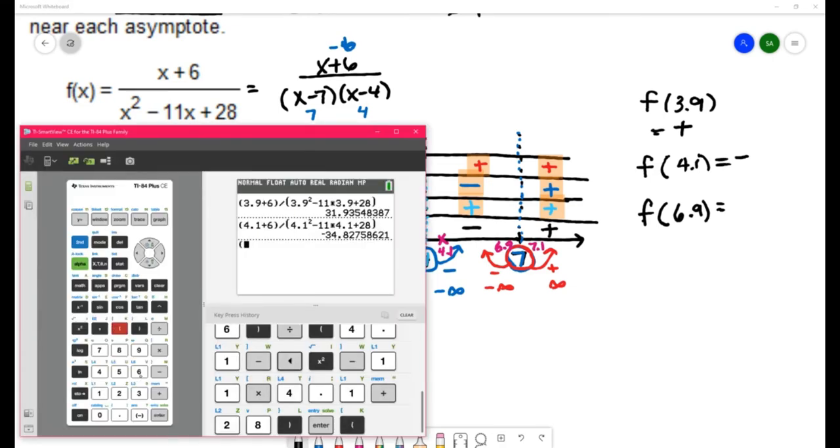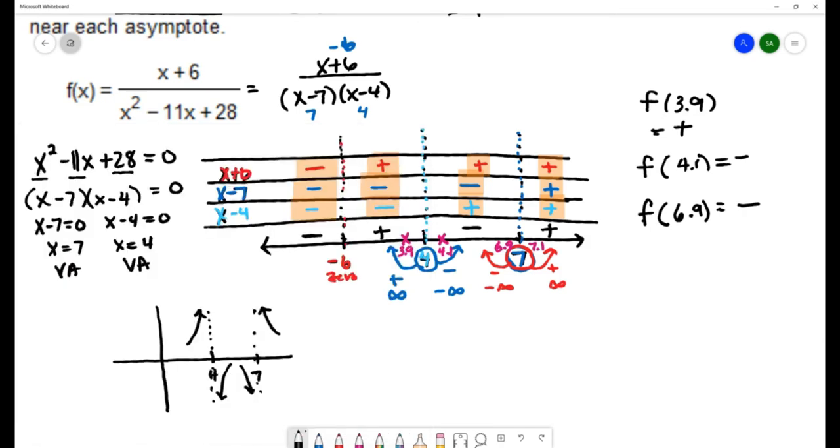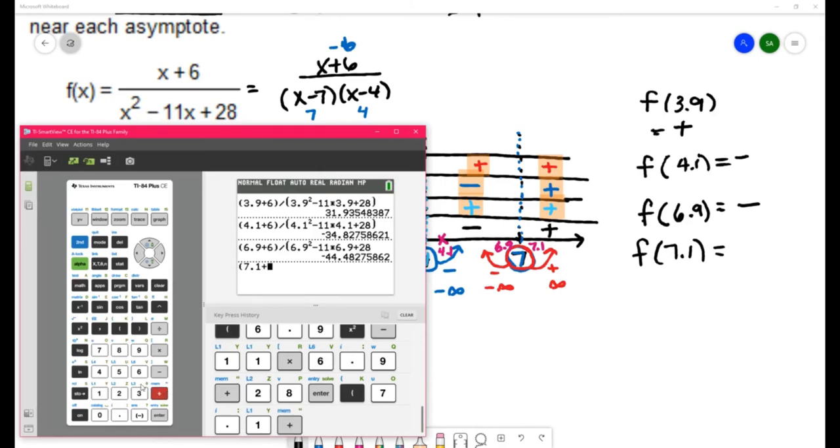We have 6.9 plus 6 divided by 6.9 squared minus 11 times 6.9 plus 28, and we got a negative, and then f of 7.1 gives us 7.1 plus 6 divided by 7.1 squared minus 11 times 7.1 plus 28, and we get a positive.